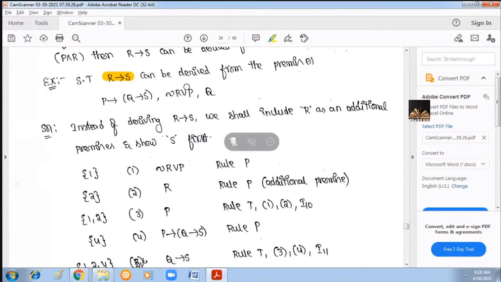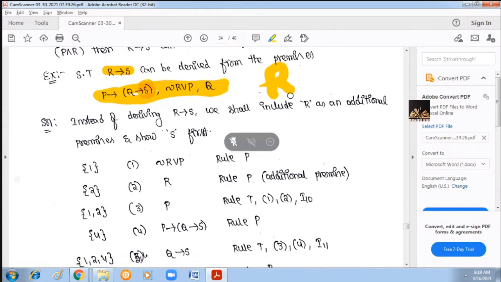To prove this, you need to prove that S is derived from this set of premises and R. So you can take R as a new premise, and prove that S follows. Then you can prove that R implies S follows.